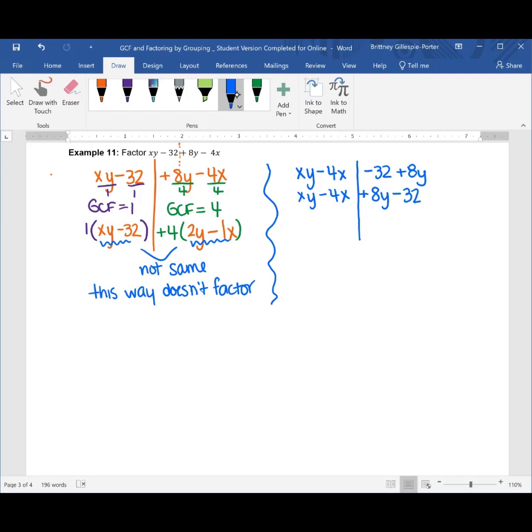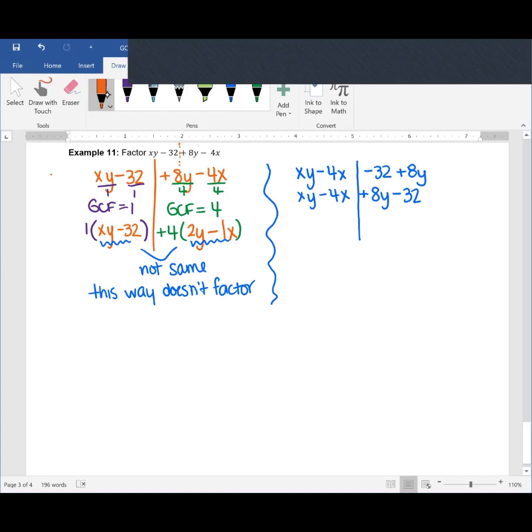Now I could have done my xy and positive 8y on the left and negative 4x and negative 32 on the right and seen if that worked. But this was the way that I decided to group it this time. If we're looking at the left side, we have xy and 4x.